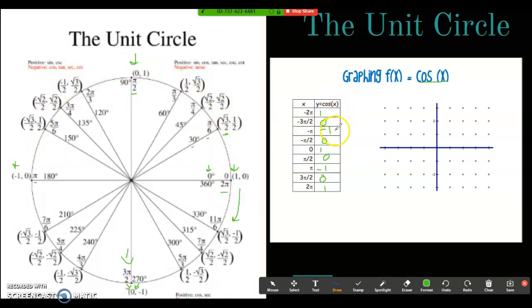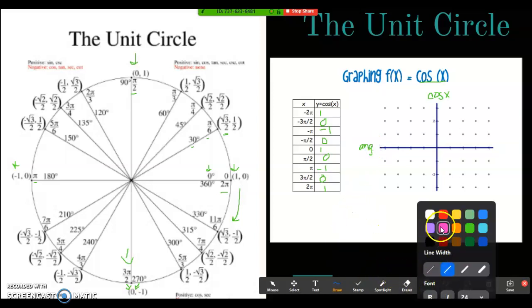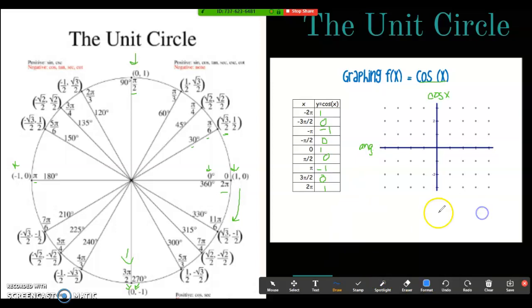All right. So remember, when we're graphing this, our y-axis are going to be all of my cosine values. Okay, so the cosine values. And then my x-axis are going to be my angles. Okay, and I'm going to change the color. Let's go with blue. So here I got angle 0. Right here I have pi over 2. I'm doing the positive side first.